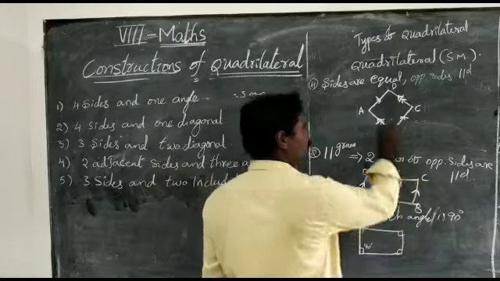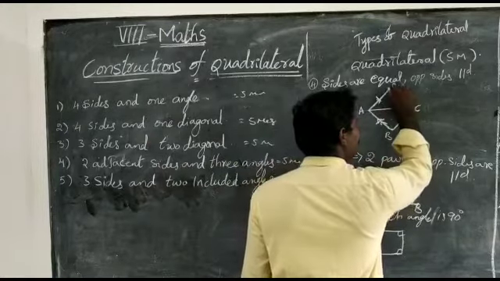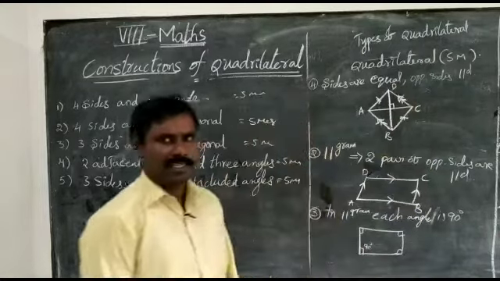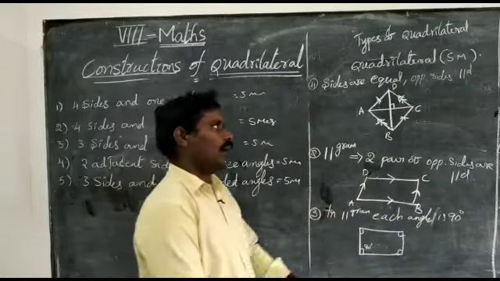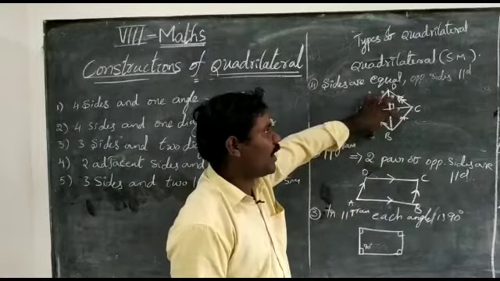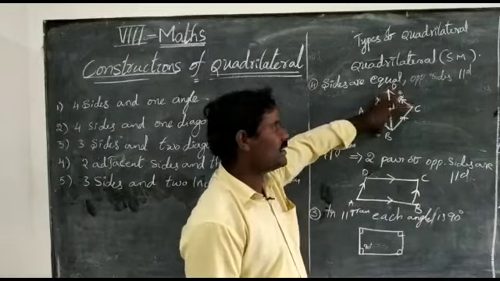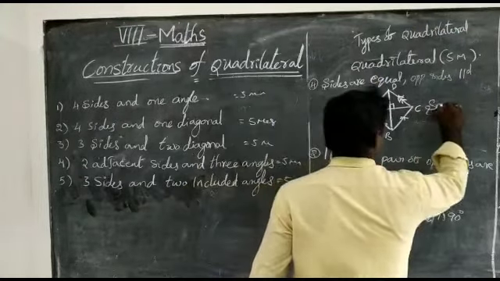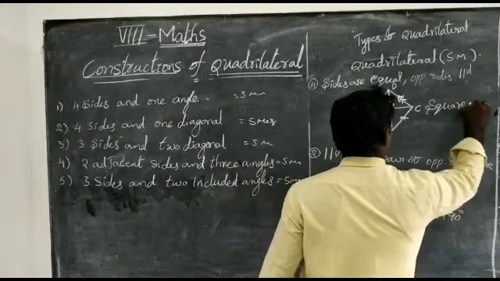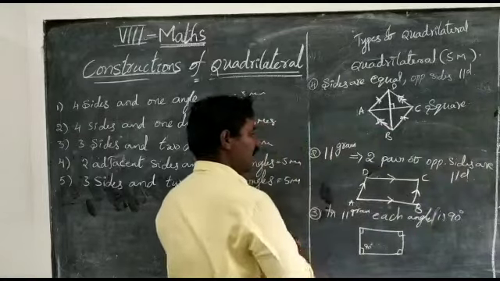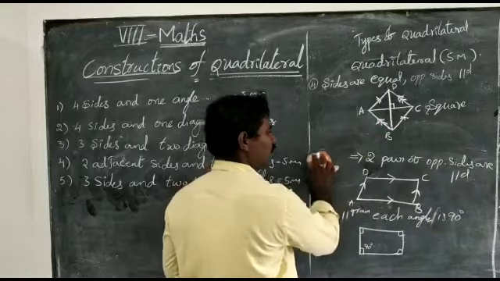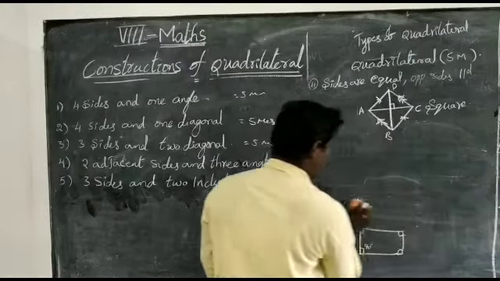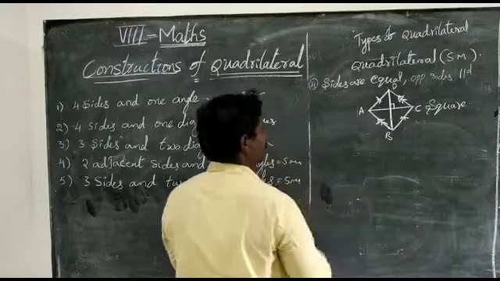In this rhombus, diagonals AC and BD perpendicularly bisect each other. All the sides are equal and opposite sides are parallel, and if all angles are equal to 90 degrees, the name of this quadrilateral is square. In this square, all the angles are equal to 90 degrees.